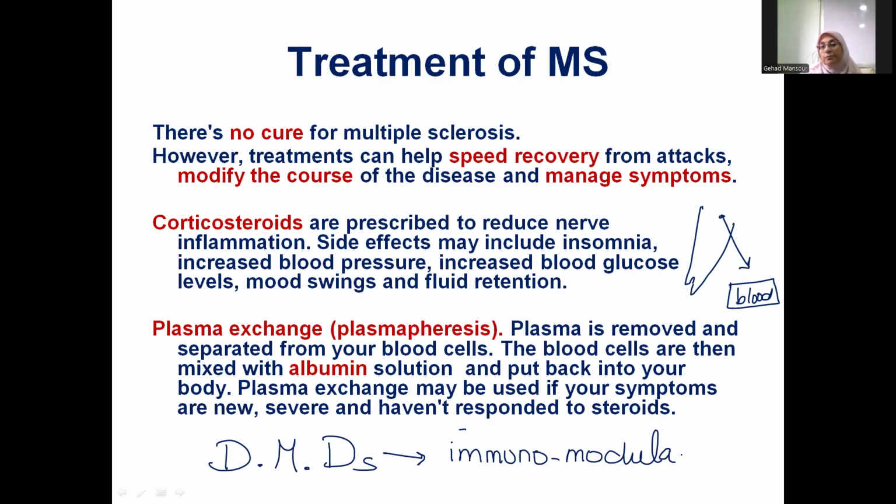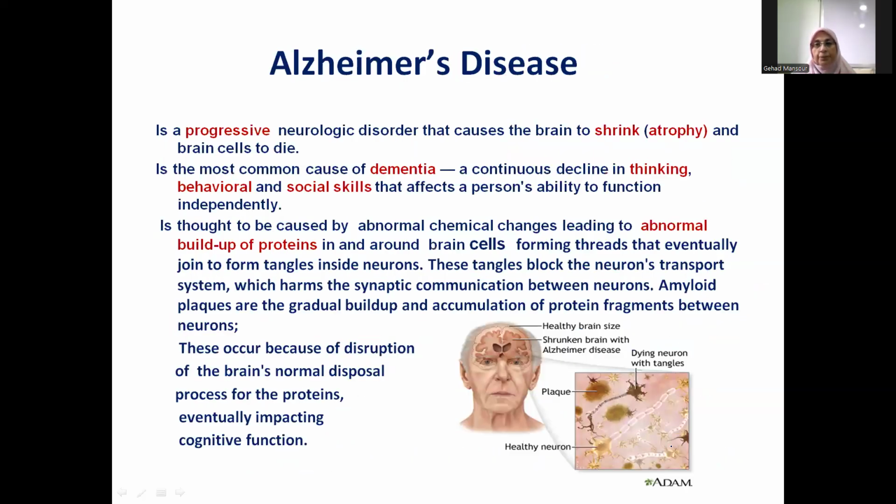They do not have the same side effects as cortisone, but they have their own side effects, of course, and not all patients with MS tolerate the immunomodulators. The DMDs, or immunomodulators, will, as you know, stimulate the immune system if it's too weak and diminish the activity of the immune system if it is too high.